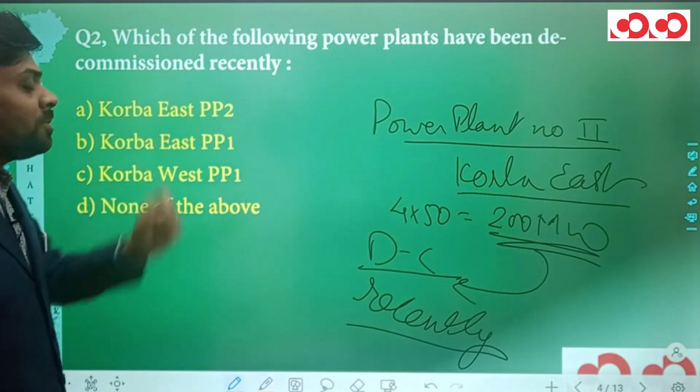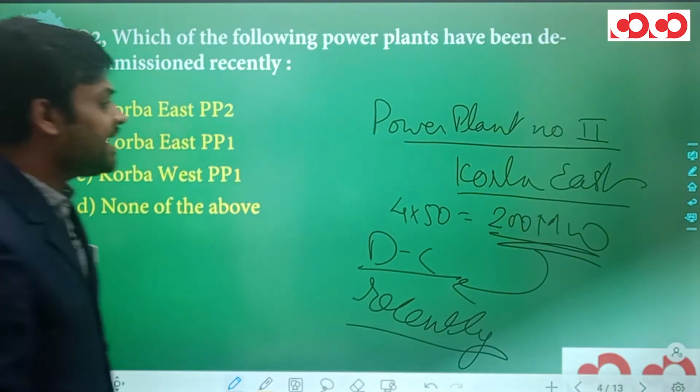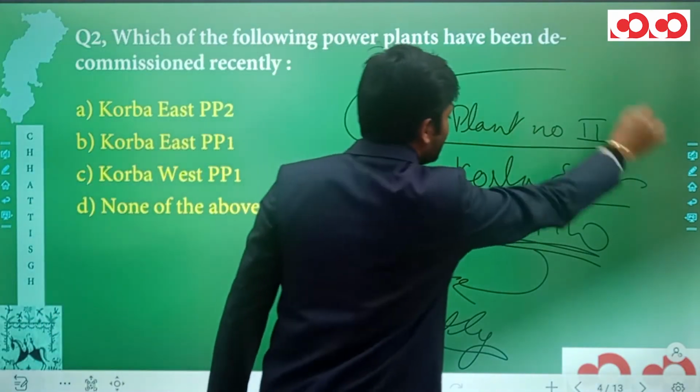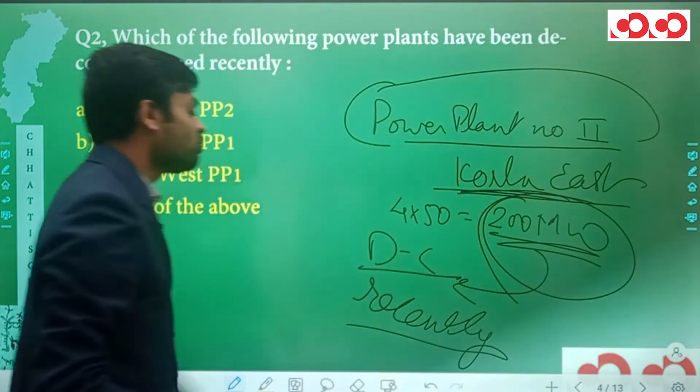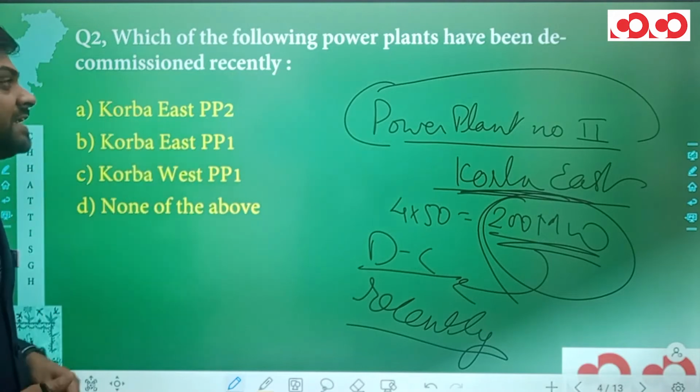So which power plant was decommissioned recently? Power plant number 2 from Korba East with the capacity of 200 megawatts.